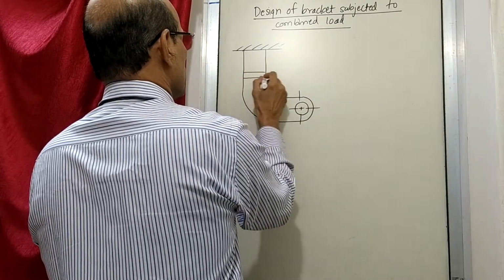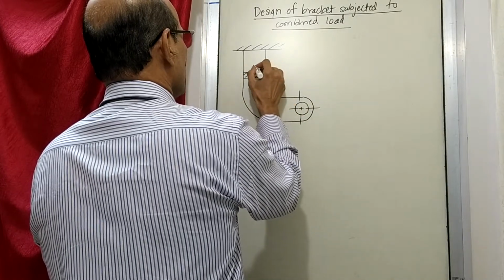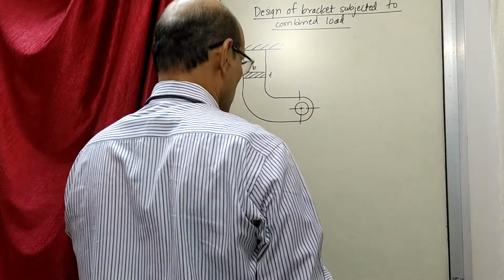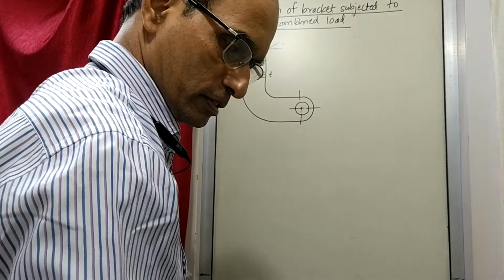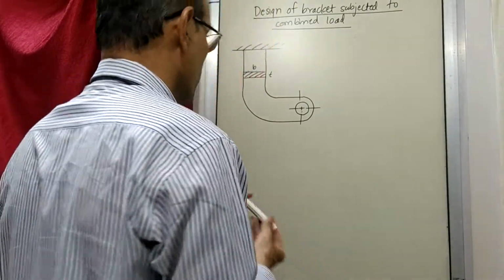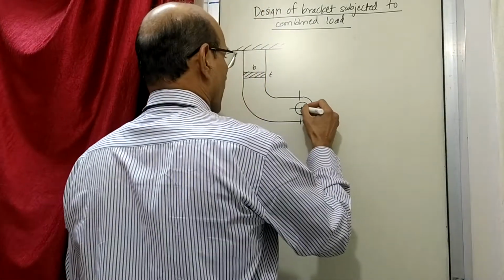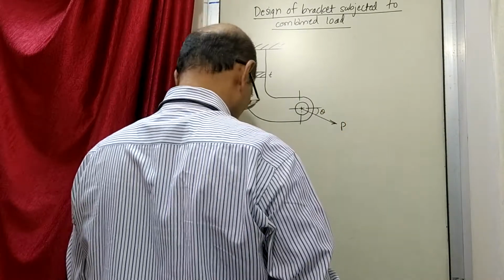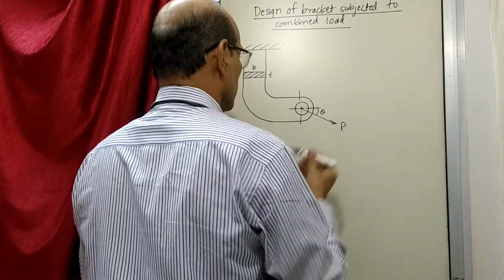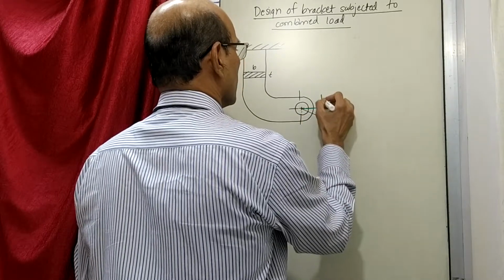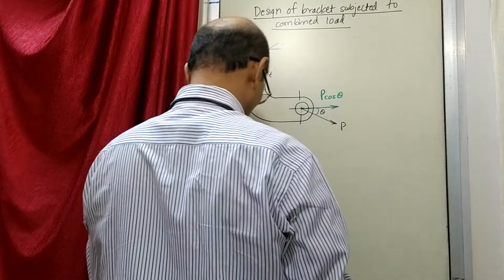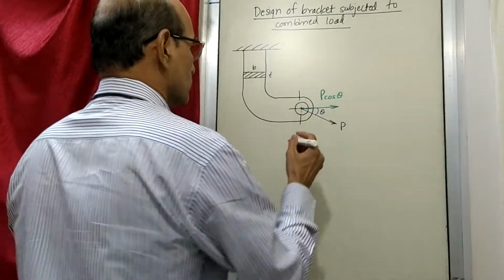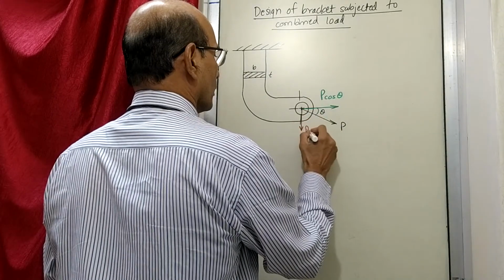So the section here is, we are taking a simple section B and T, and then we are applying a load now which is, let's say, maybe like this, making angle theta. So because of this, it will have two components, P cos theta here, and then this will be P sin theta.